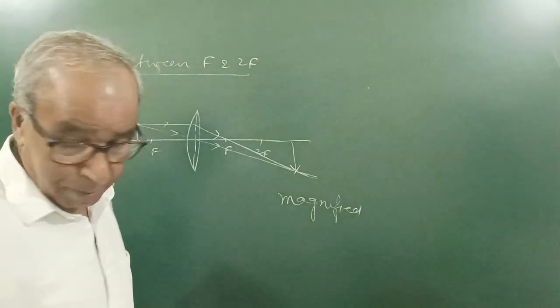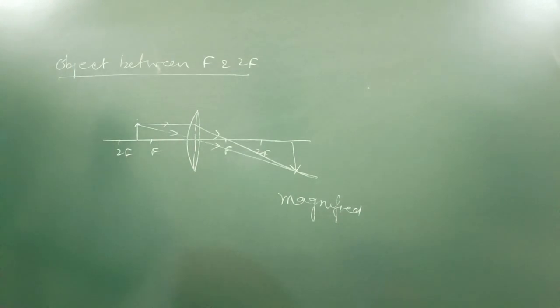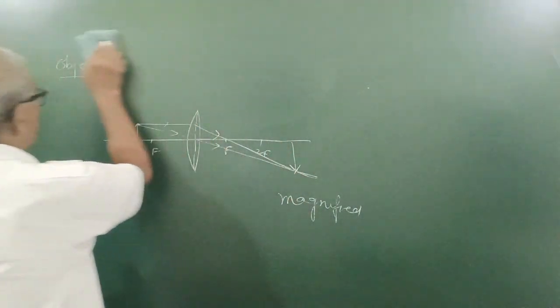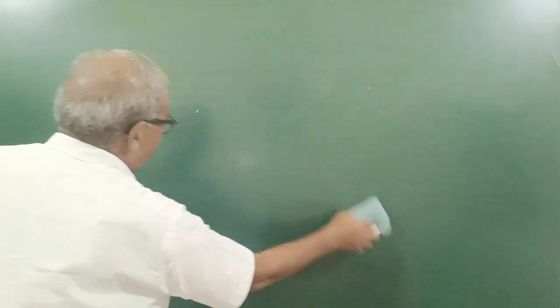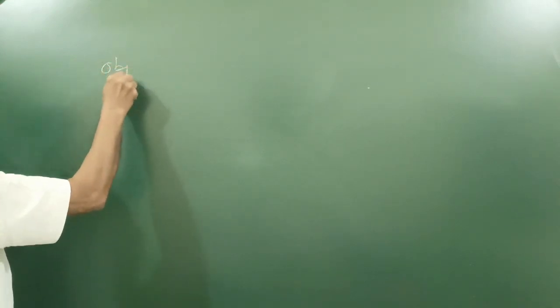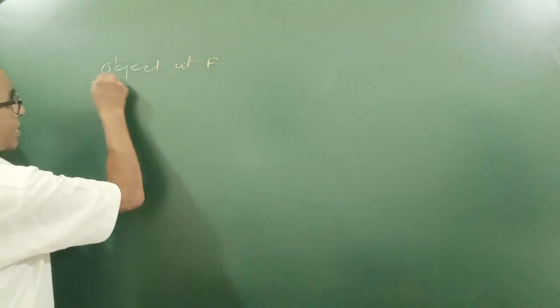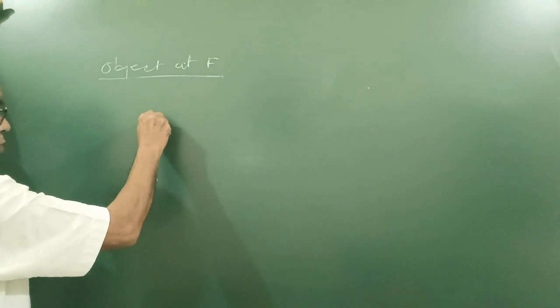Now, what happens? The object is at F. Object at F, convex lens.